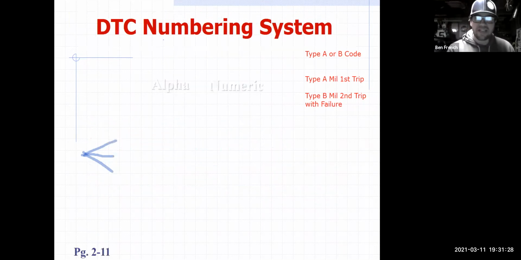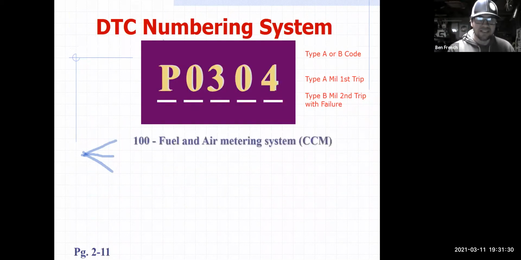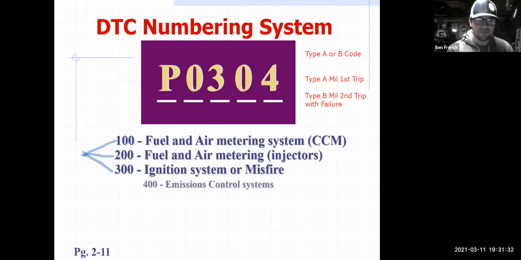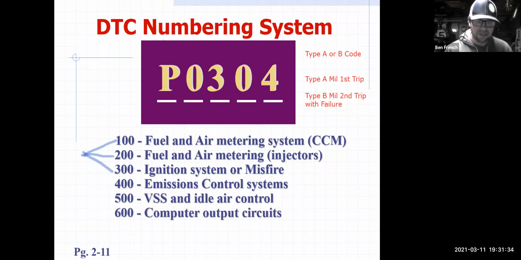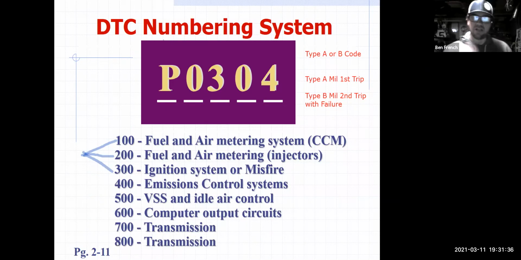So what that means is that a lot of systems moved from being type A codes, where they would code up and turn on the check engine light right away, to being a type B code. So again, what's the difference between these two?